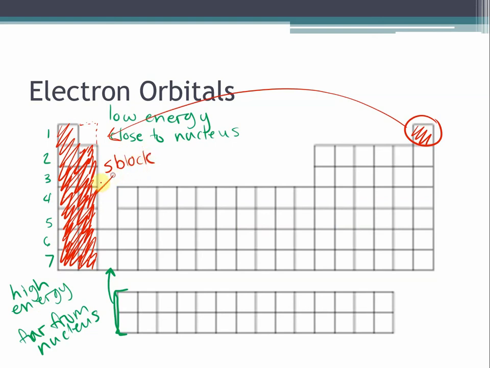Each square of your table here represents an element. So in each row, in each energy level of your table, there are 1, 2 boxes in the s block. That means there are 1, 2 electrons in an s orbital in each energy level.